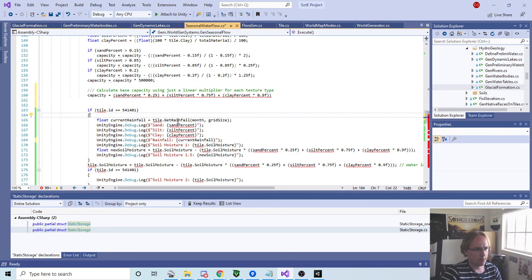I feel like long term we need some kind of remediation factor as far as organics are concerned.